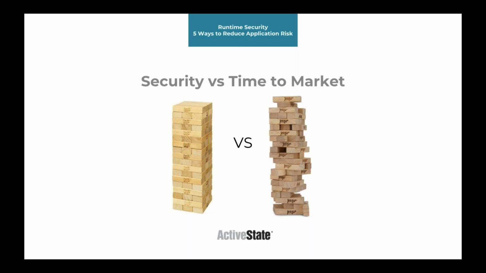Skipping selected security controls results in faster times to market, but it also dramatically increases risk that you've released an application with security holes. Again, you have to evaluate all of your risks based on your particular situation, but the key is to actually do the evaluation so you know what to do.